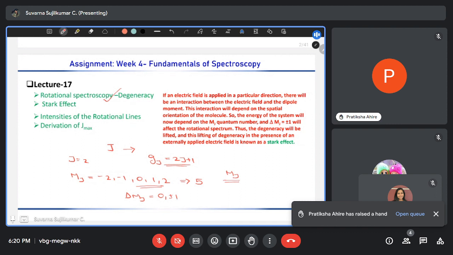This interaction depends upon the spatial orientation of the molecule. So the energy of the system now depends upon the value of M_J as well as delta M_J. This will affect the rotational spectrum. Thus, the degeneracy will be lifted, and the lifting of degeneracy in the presence of an externally applied electric field is known as the Stark effect.